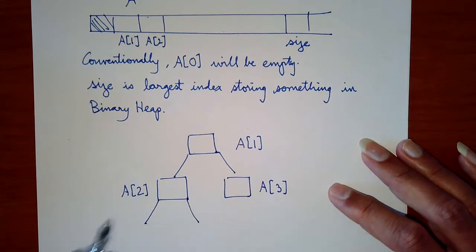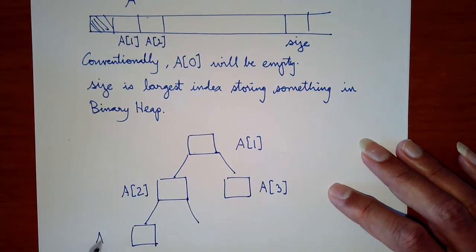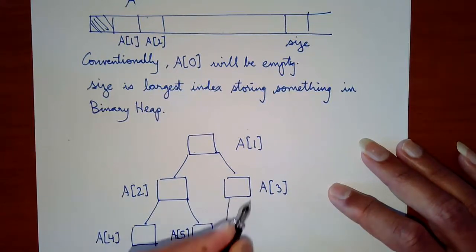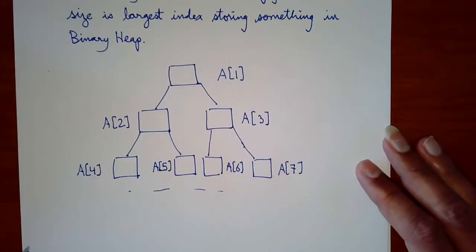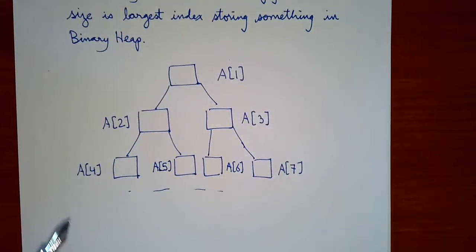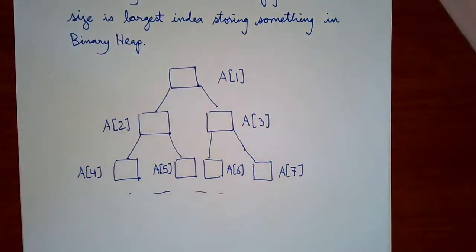And A2 is going to have children A4, A5. A3 is going to have children A6 and A7, so on and so forth. I am not maintaining pointers, but the code is going to imagine that this is actually a tree, even though it is stored just as a normal array.